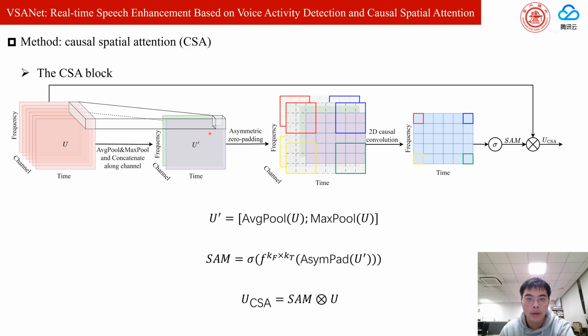Next, we adopt a causal convolutional layer, which first adopts an asymmetric zero-padding operation in the time dimension of U' to ensure the causality of convolutional computation. Subsequently, the convolutional result is applied to a sigmoid function so as to obtain the spatial attention weights SAM. Eventually, the input feature map U is multiplied with SAM to obtain the final refined feature map.